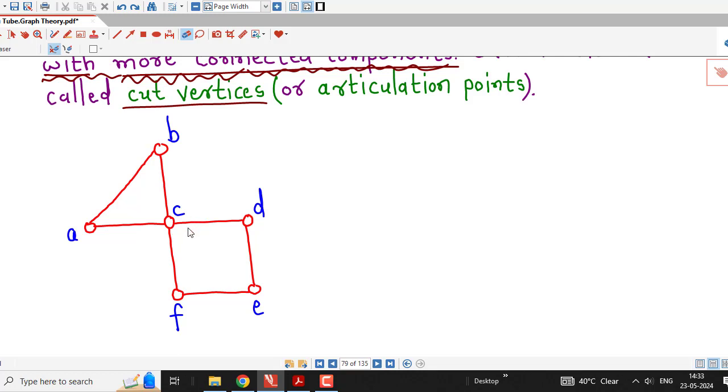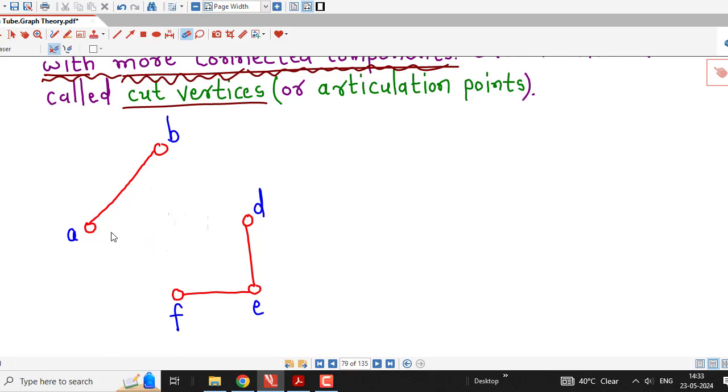Vertex C is the endpoint of these four edges. This is one edge, another edge, 1, 2, 3 and 4. So I have to remove these four edges and vertex C. So let me remove this edge, this edge, this edge, this one and vertex C. Now you can see after removing vertex C and all edges incident with vertex C, we obtain two connected components.